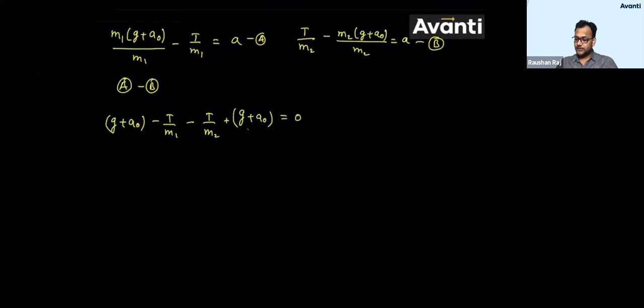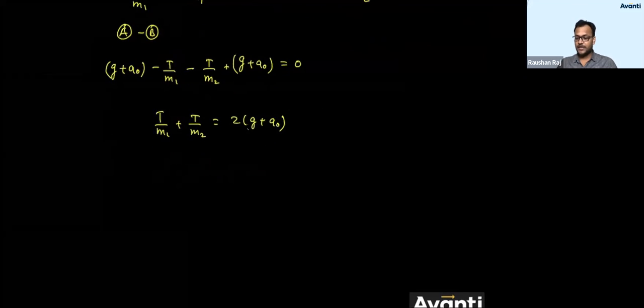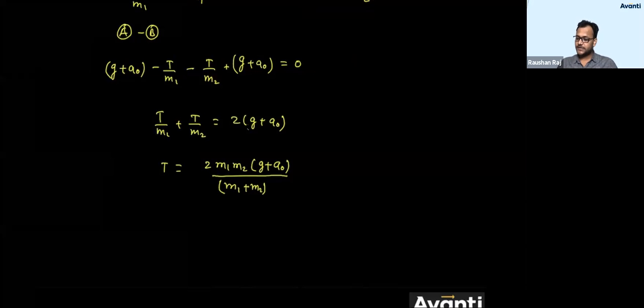So P by m1 plus P by m2 is equal to 2 into (g plus a naught). So what answer of P will we get, child? P will be equal to 2 into m1 m2 into (g plus a naught) divided by (m1 plus m2). So this is the answer for tension.